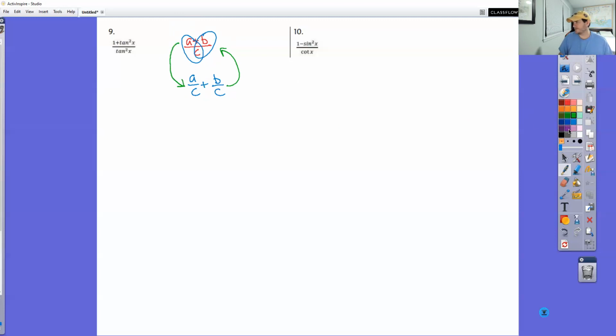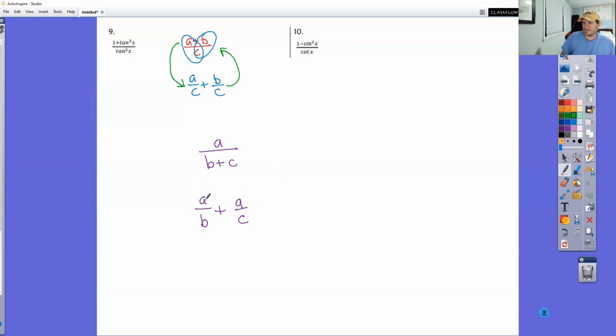What I don't want you to do is think that the same thing holds true when you have a monomial in the numerator and a binomial in the denominator. A lot of people run into a trap where they think they can say that this is a over b plus a over c. That is, of course, nowhere near true, because again, imagine trying to reverse that.